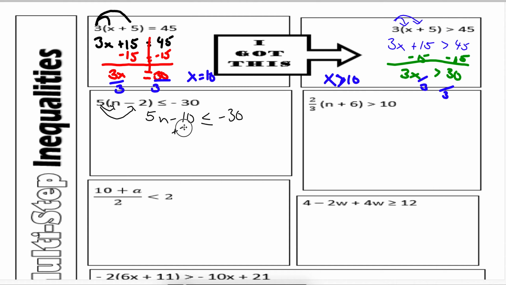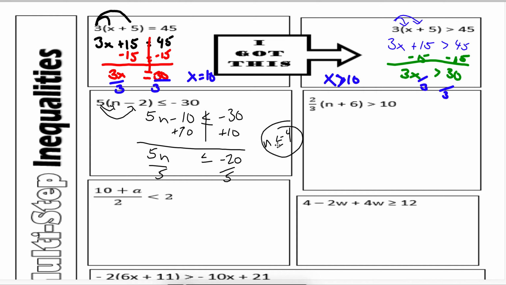So we add 10 to both sides. And we get our little railroad down there. We get 5n is less than or equal to negative 30 plus 10 is negative 20. Got to get rid of this 5, so we divide by 5 to both sides. And we get that n is less than or equal to negative 20 divided by 5 is negative 4. And you're done.